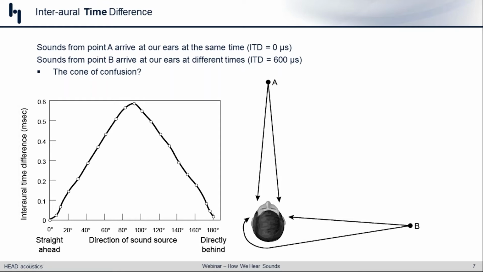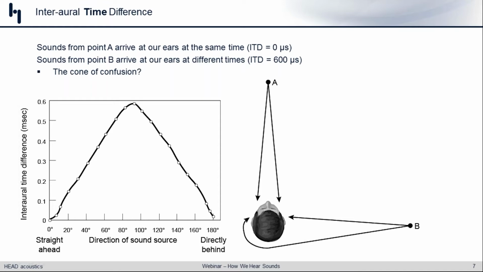The sound waves will travel from point A and arrive at the left ear and the right ear at exactly the same time. And then as we move from A to B, you can see the arrival time differences, the delta between right ear and left ear, start to increase until it peaks at roughly 600 microseconds.